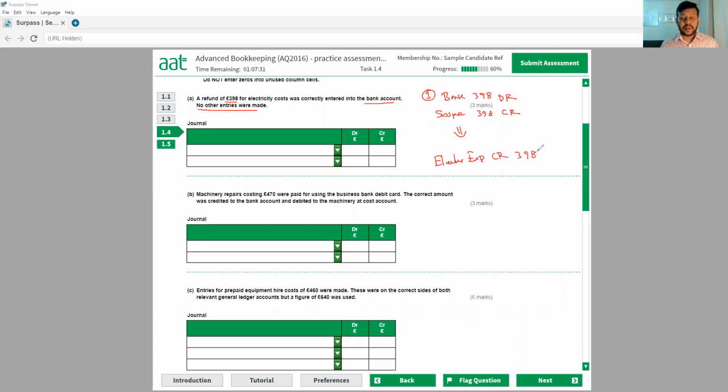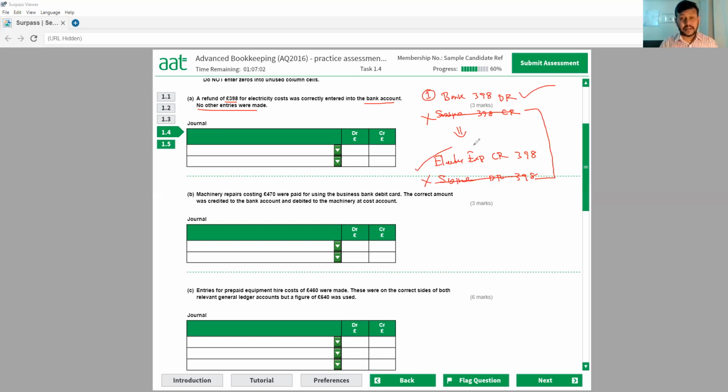And what will be debit? The suspense. Suspense will be debit, 398. Now this debit and this credit will cross each other, so suspense will be gone. On the system, it will be bank debit and electricity expense credit. That's how we have to make the correction.